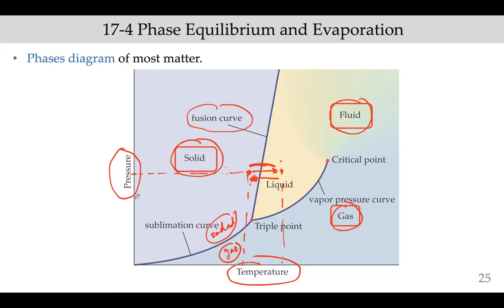You should be able to have a low pressure, maybe using a vacuum chamber. So if the pressure is below this value, anytime you increase the temperature from here to here, you go from solid phase directly into gas phase. So this is possible.